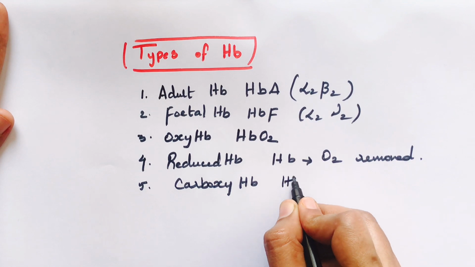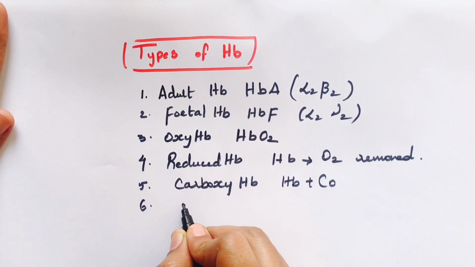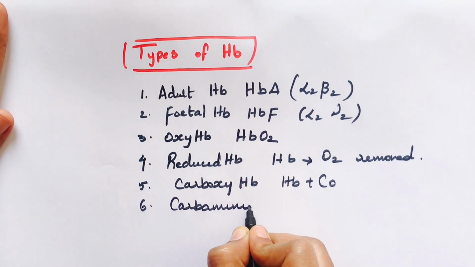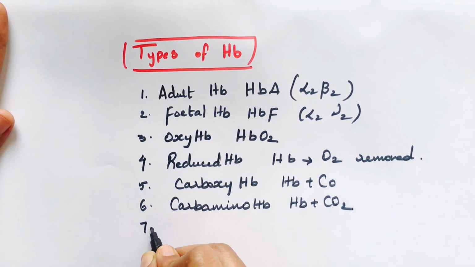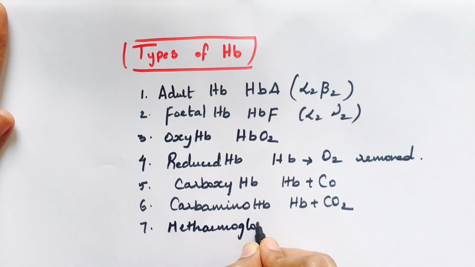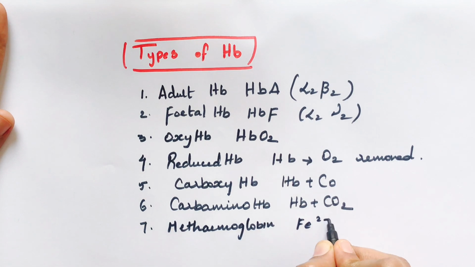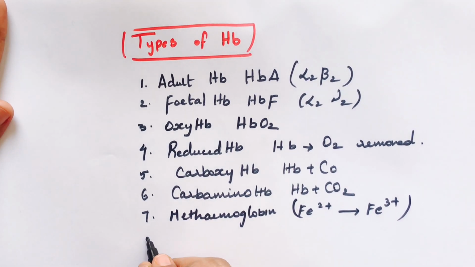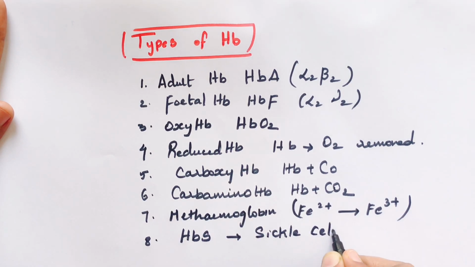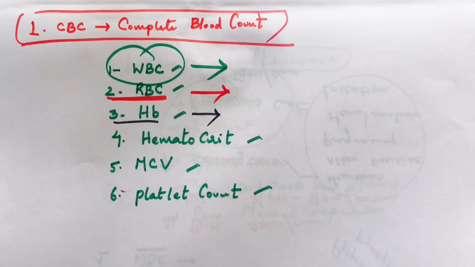Carboxyhemoglobin, when the hemoglobin combines with carbon monoxide. Carbaminohemoglobin, when it combines with carbon dioxide. Methemoglobin, when the ferrous ion is oxidized to ferric. HbS is seen in sickle cell disease.